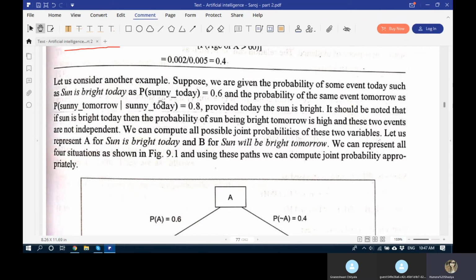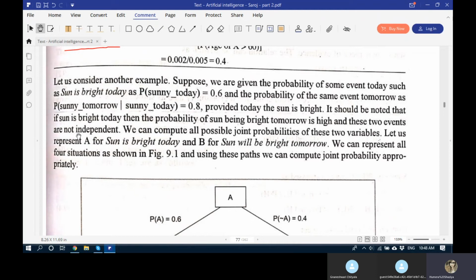P of sunny today is 0.6 and the probability of the same event tomorrow, sunny tomorrow given sunny today, is 0.8, provided today the sun is bright. It should be noted that if the sun is bright today, then the probability of the sun being bright tomorrow is high, and these two events are not independent.